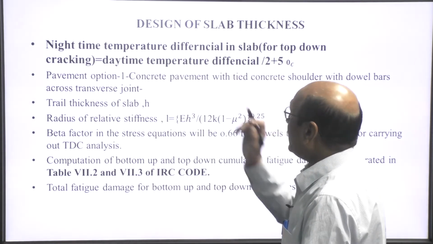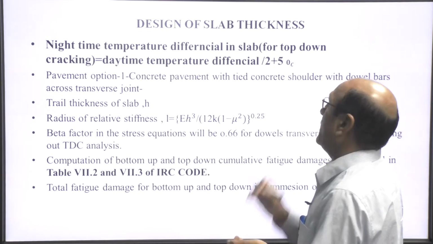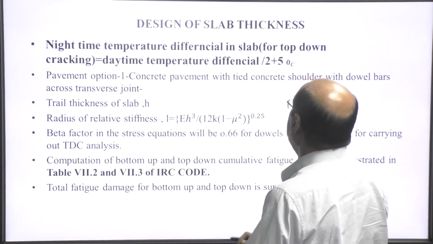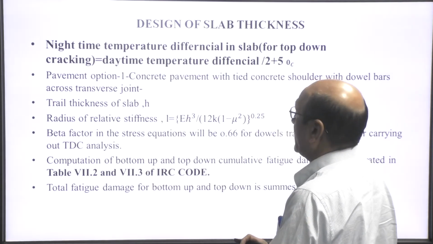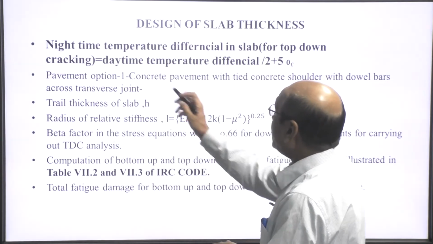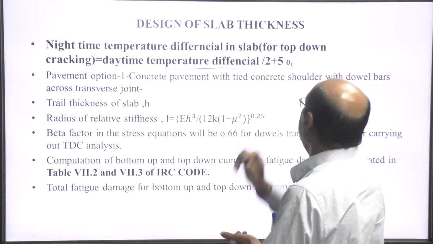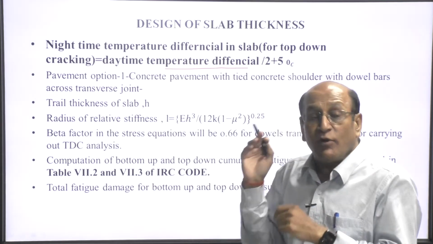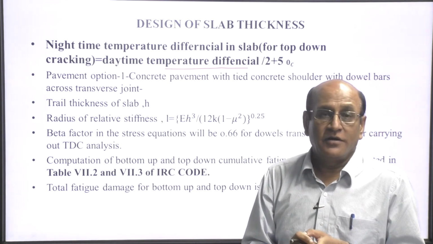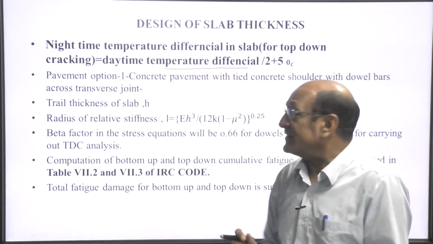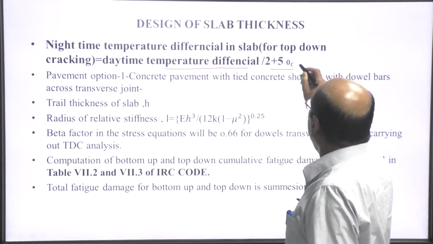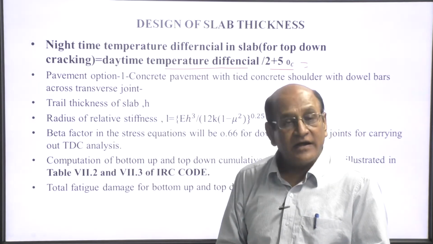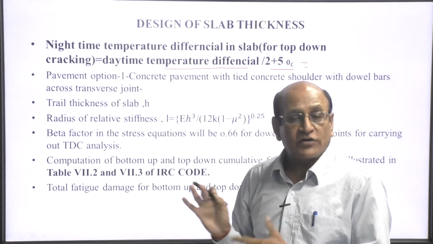Now, night time temperature differential in slab for the top down cracking is equal to daytime temperature differential, whatever the temperature given in table 1 of the code, divided by 2 plus 5 degrees. So, this will give the night time temperature differential for the calculation purpose.